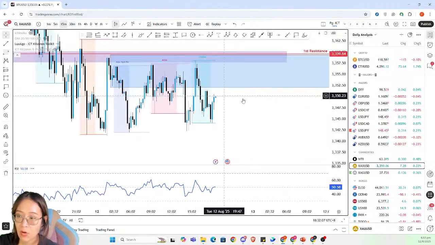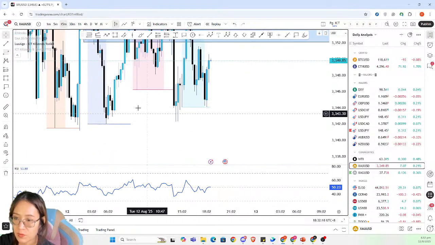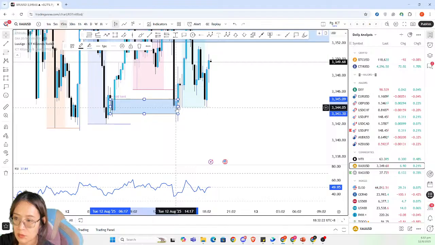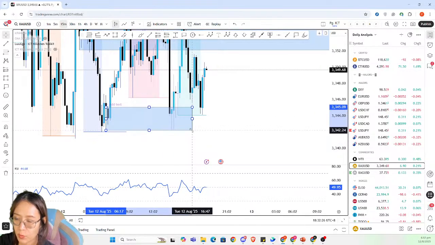Gold respects those order blocks quite well, bullish order block or bearish order block. For example, even in the lower time frame, you look here, right? You can get in buy here. You mark from this wick, and this wick, you can see that order block here, right?